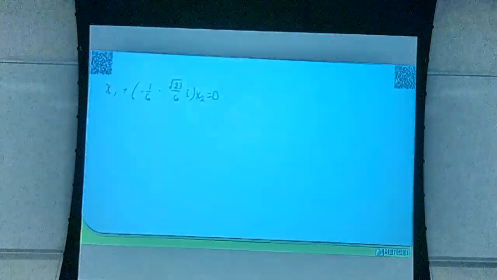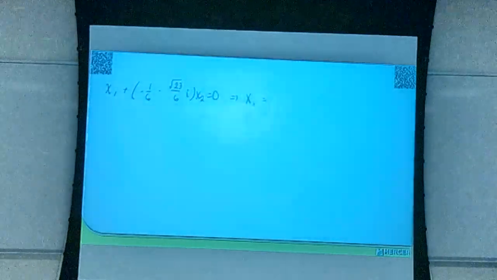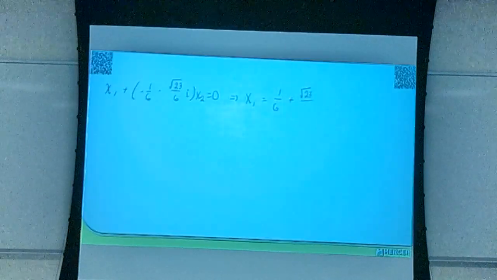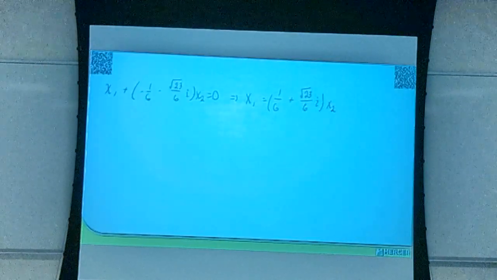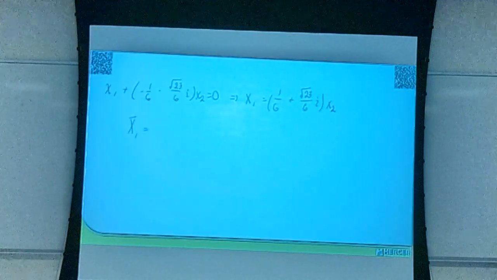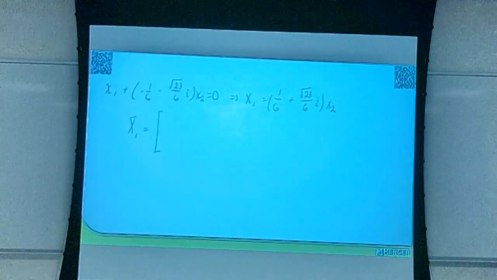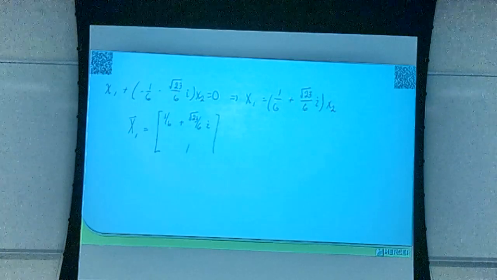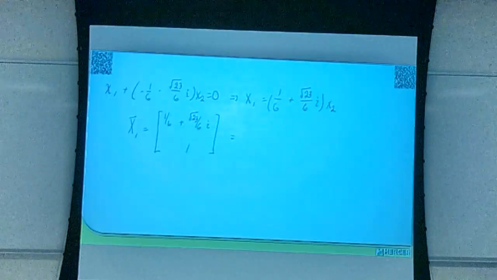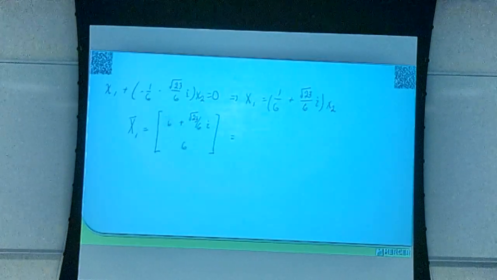Which will give us, actually, we actually use 6 to get rid of the fractions.